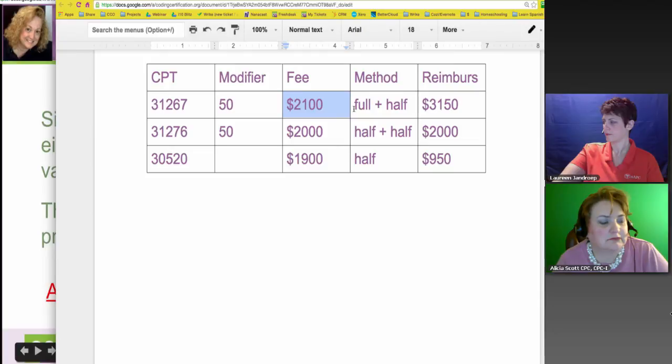So that one would get paid at 100%, and then because it's bilateral, the other side is going to get paid at half of that. 31276, because it has a 50, is going to get paid at half and half. And then 30520 was a single procedure, and it's going to get paid at half too because we're using those multiple surgery payment rules for that.